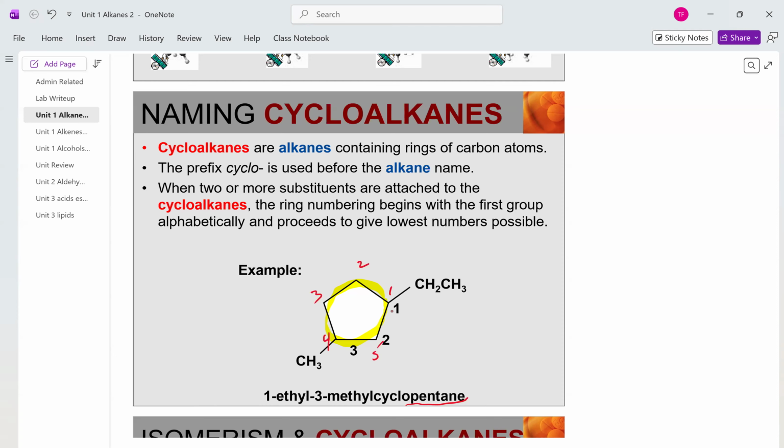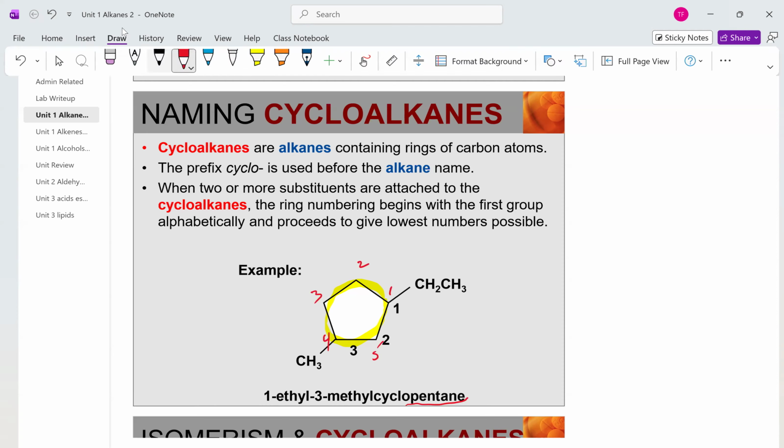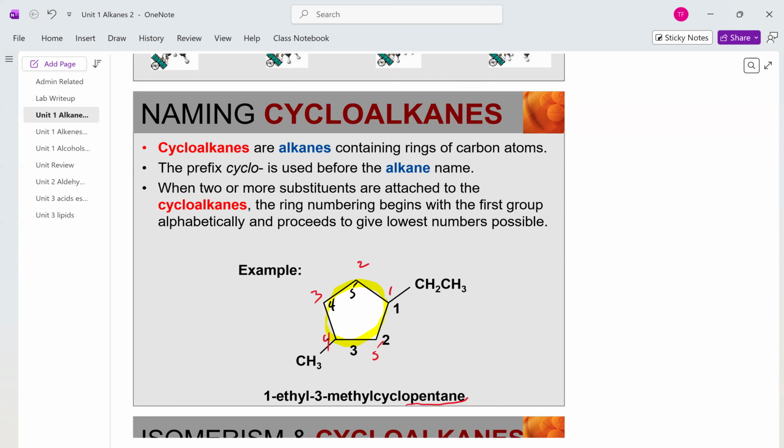And then if we did it in black, it would be 4, 5. So if we looked at the black numbering, it would be one ethyl. This is ethyl, now methyl. One ethyl, E comes before M. One ethyl, three methyl cyclopentane.